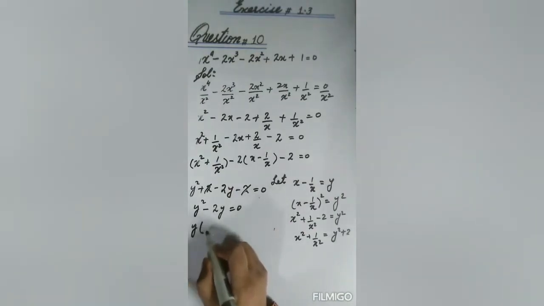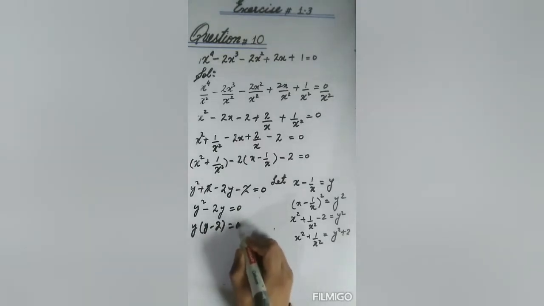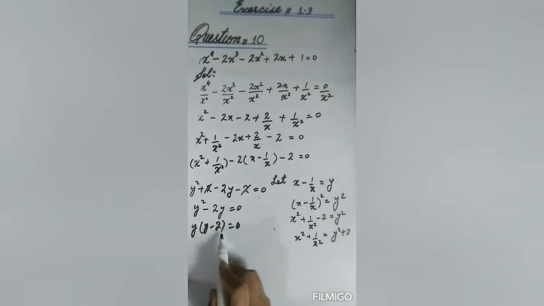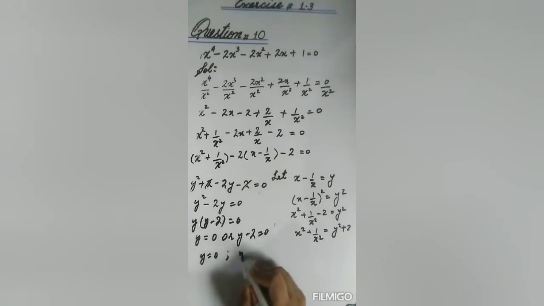Take y common from here, then y minus 2 equals 0. As the product of two factors is equal to 0, we put both the values equal to 0 one by one. So here y equals 0 and the other value of y will be equal to 2.